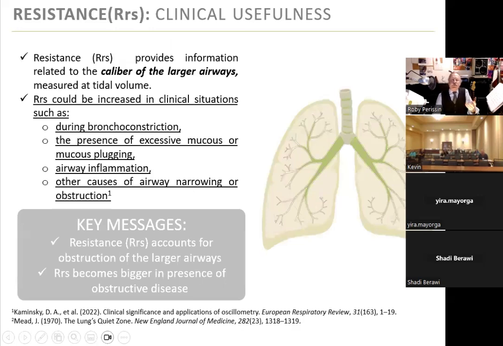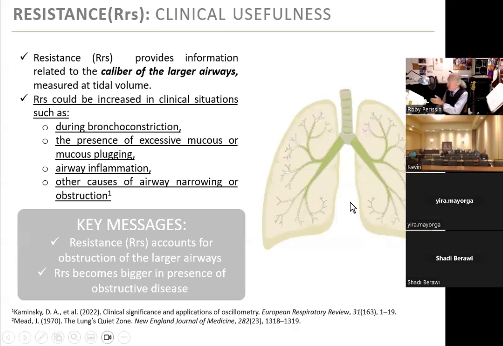So the two parameters: resistance. You may remember resistance from the body box, which is less and less used to measure resistance, where the patient has to pant and be closed and locked into a glass body box.